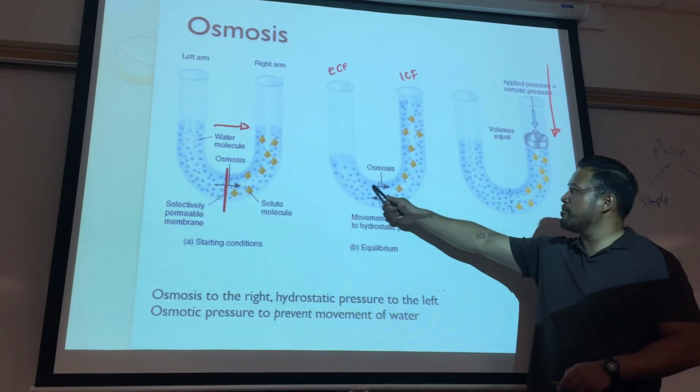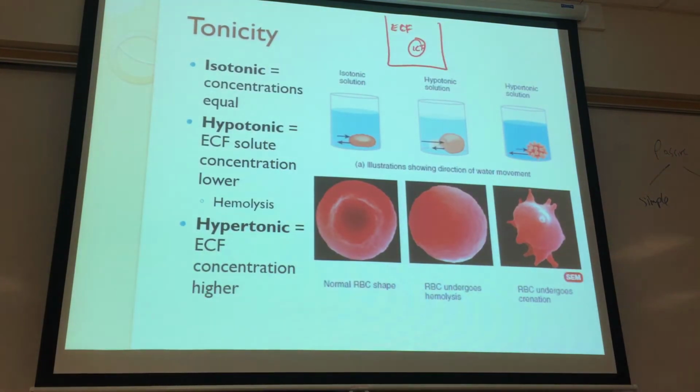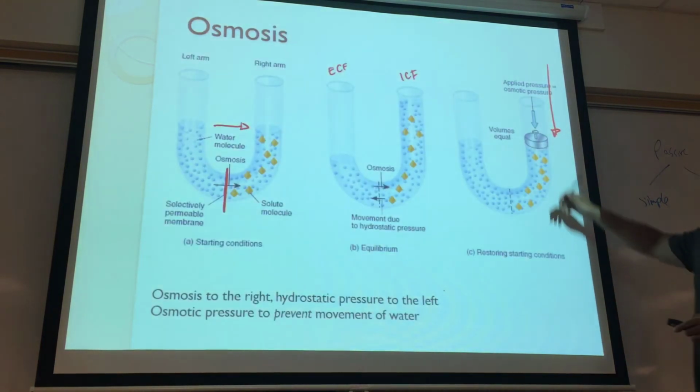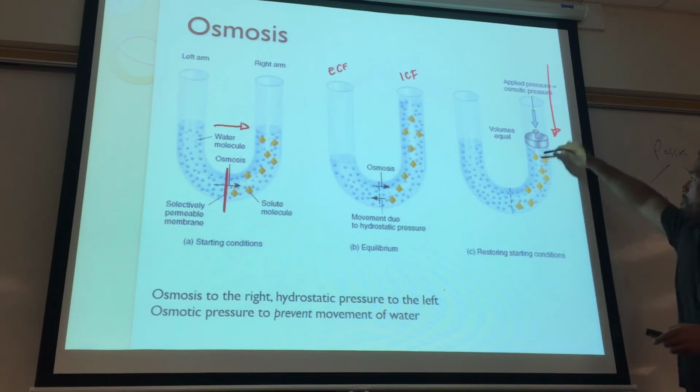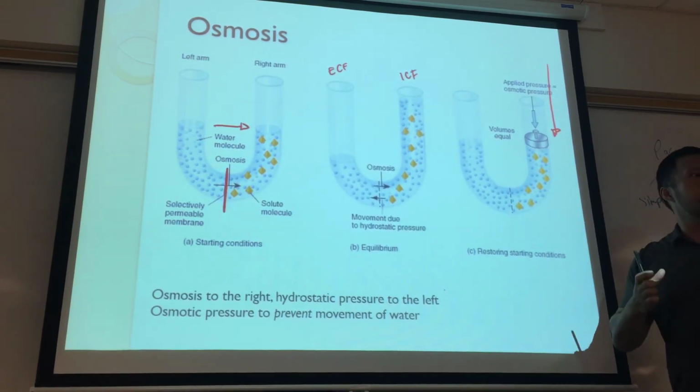When water moves into the cell, it's like a balloon. It'll start filling up, and once it fills up, you're going to get this pushback. That pushback is the applied pressure back on the system to keep that cell the same size.